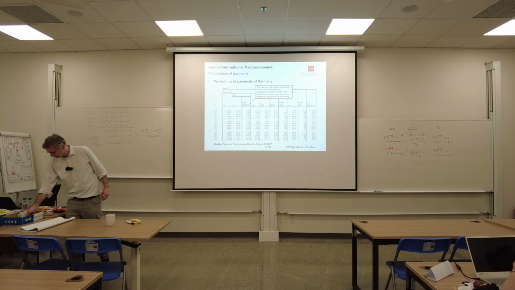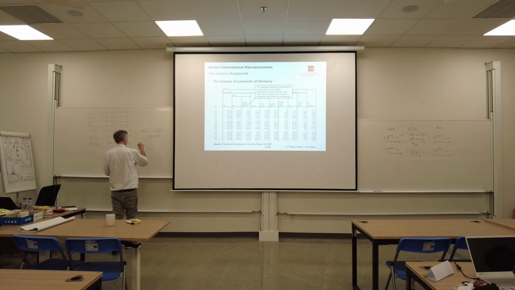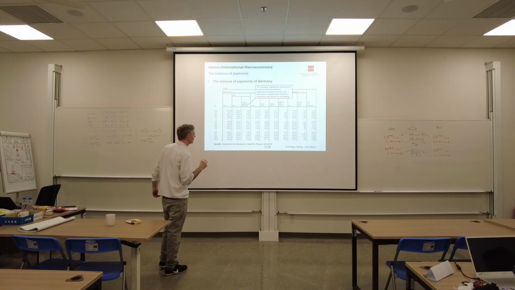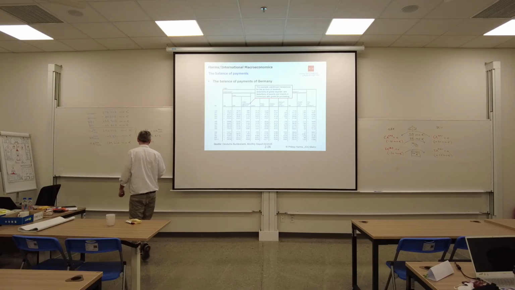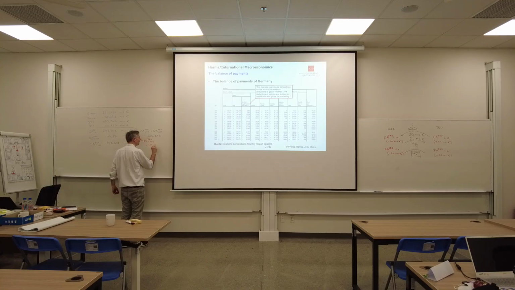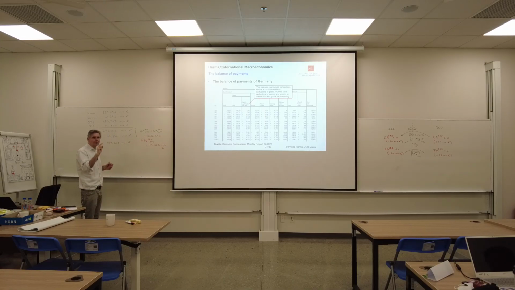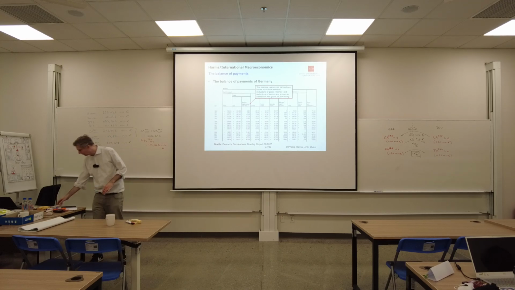Net errors and omissions of Germany in 2024 were just, what is it, 41,808 million euros. Okay, there's a rounding error, because I mean, that should be 41,807. I mean, where do rounding errors come from?